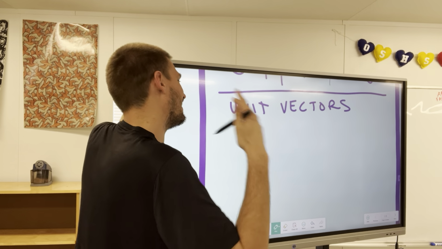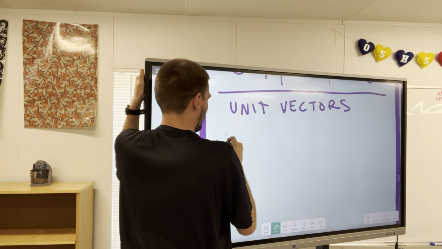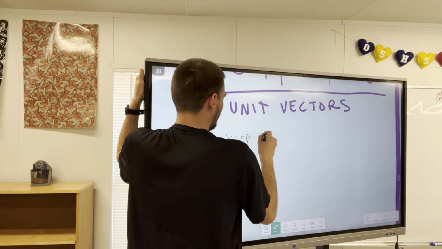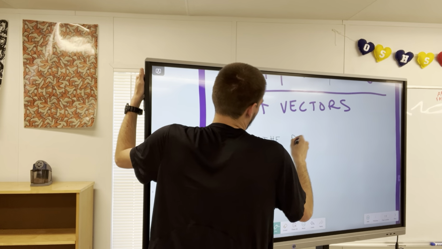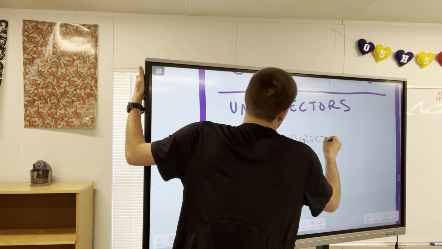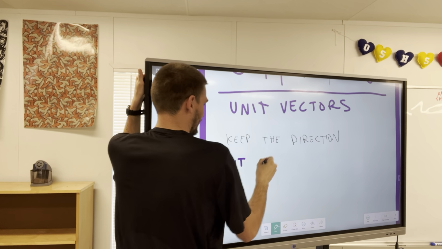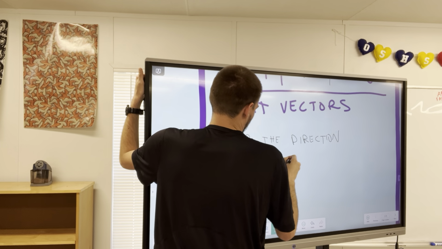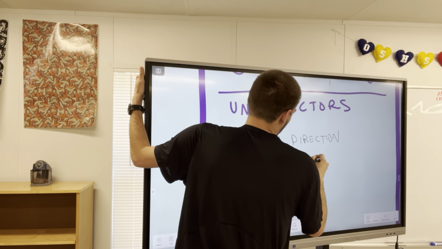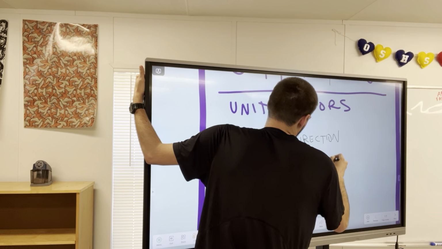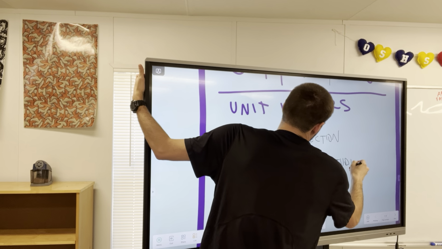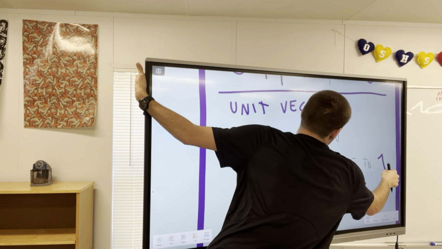Unit vectors is: keep the direction, but reduce the magnitude to 1.